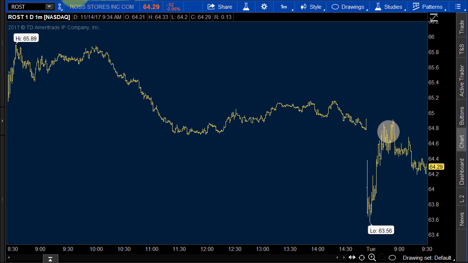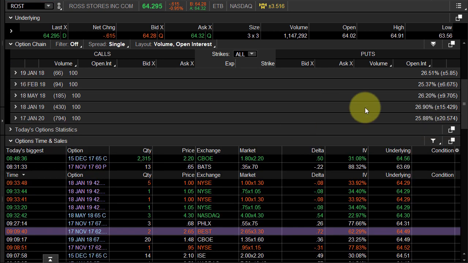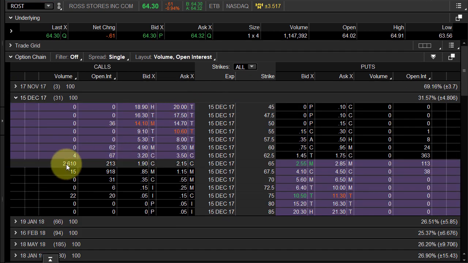So that order, ROST, in December, 2,600 times. To the experienced trader, to the market maker, this is a very bearish trade. They're buying calls, but because they sold stock, they're synthetically putting on a short position.